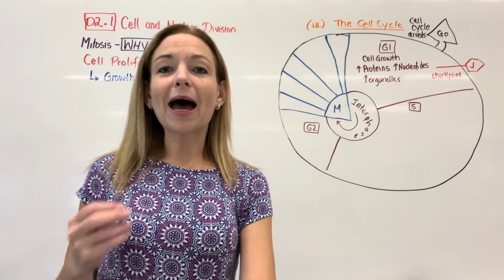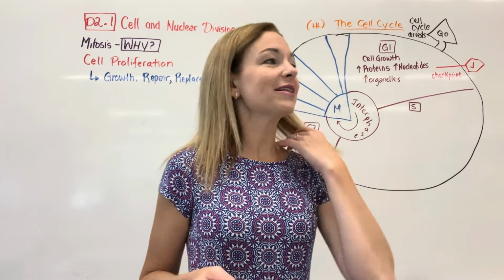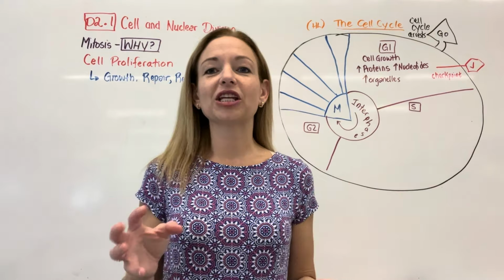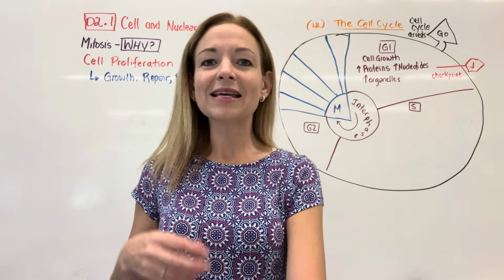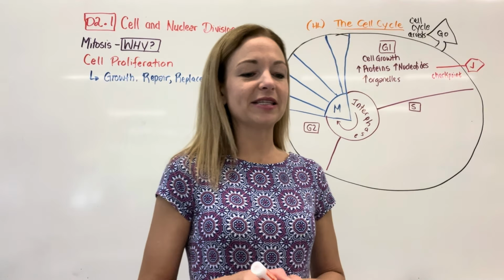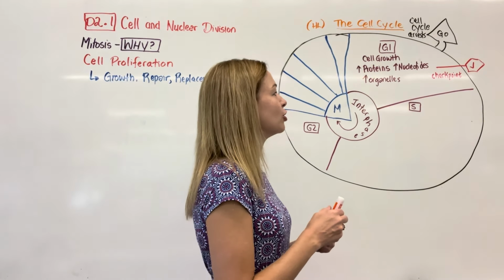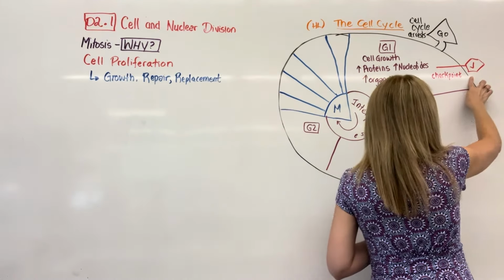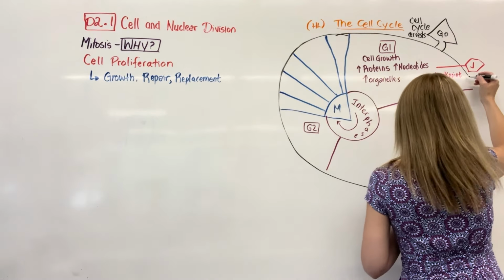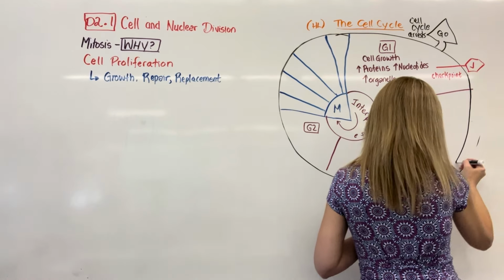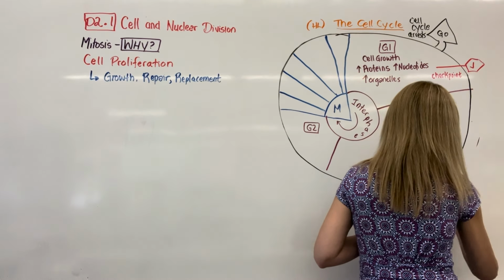If they do pass the checkpoint, that's going to actually allow it to progress. And the way it allows it to progress is by activating something called CDK. So we're going to have a look, really wishing I had made this a little bit less wide so that I could have a little bit more room for my regulation here on the side.